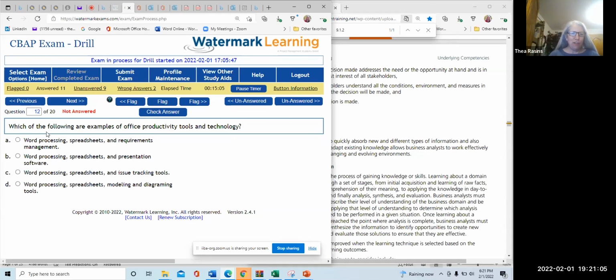Next question. Which of the following are examples of office productivity tools and technology? Word processing, spreadsheets and requirements management; word processing, spreadsheets and presentation software; word processing, spreadsheets and issue tracking tools; or word processing, spreadsheets and modeling and diagramming tools? I think word processing and spreadsheets are going to be included in the list.